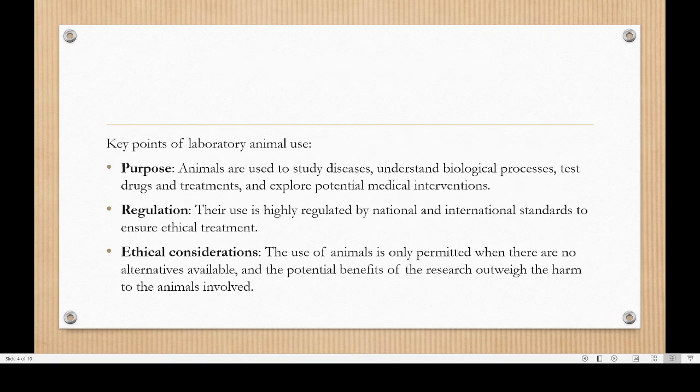But what is important is that when we are using animals, there are three important considerations. One, purpose. Animals are used to study diseases, understand biological processes, test drugs and treatments, and explore potential medical interventions. For example, how corona or a new disease is developing.